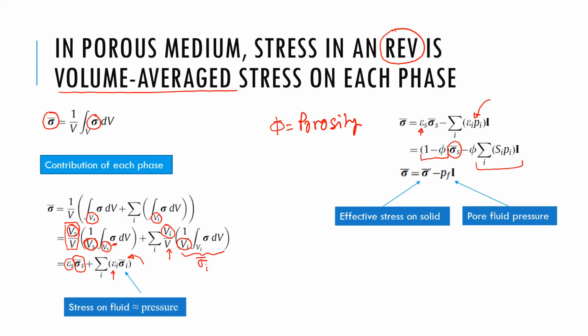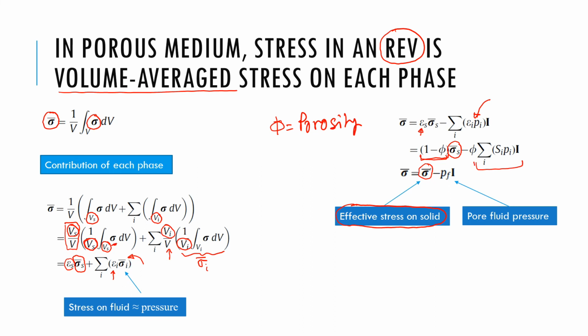Now 1 minus phi times sigma s is really the solid stress calculated over the entire area. So this is what we are calling the effective stress on the solid. That's this one, sigma bar prime. Prime is hard to see. And then the pore fluid pressure, PF.